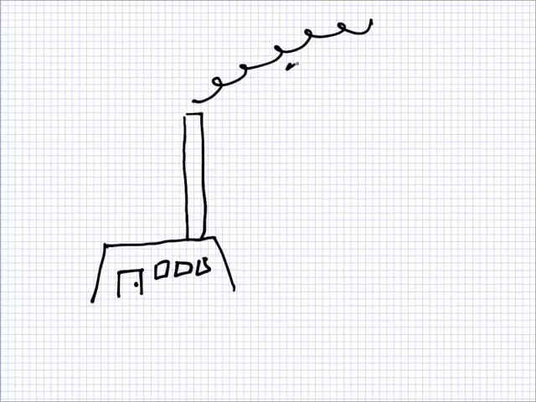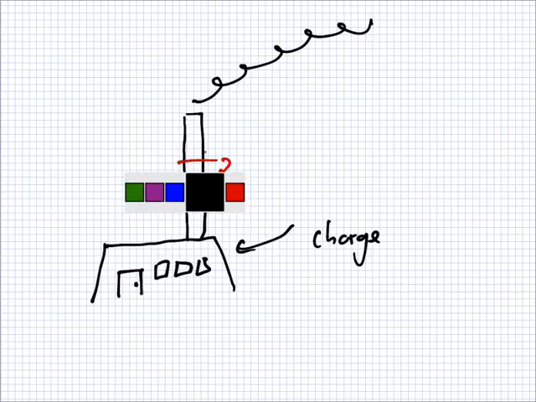Now, this smoke actually has a charge. Or, well, it did in here have a charge. So the idea is, if you have an electric field, the dirt in the smoke, if it has a charge, it will move in the electric field because there will be a force, and it will move to the right and stick to the wall.